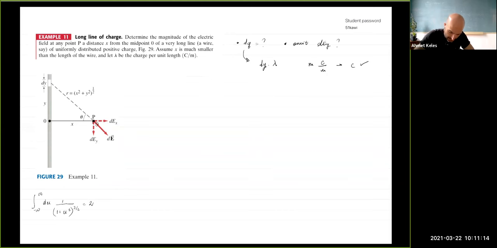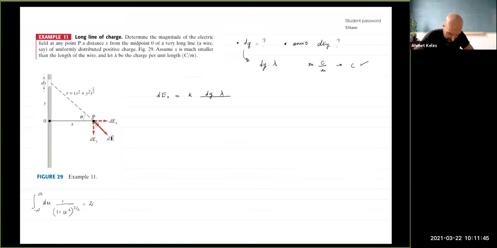Now let's write this dE. It's along the x direction. The other component cancels, adds up to 0. So it's only the x component. It's equal to k dq, which is dy times lambda, divided by distance squared.